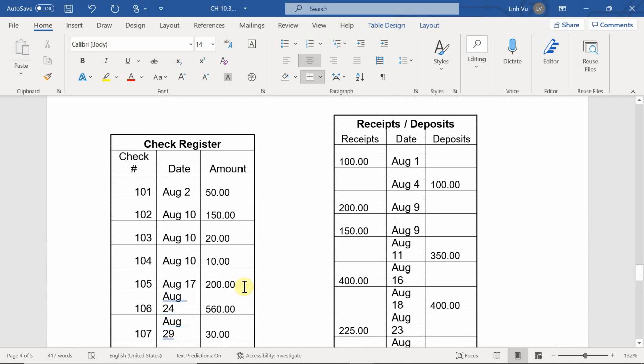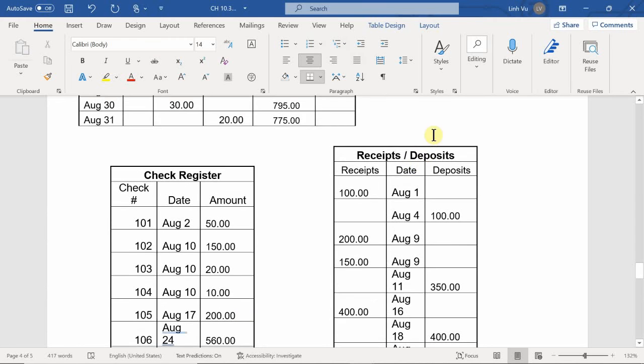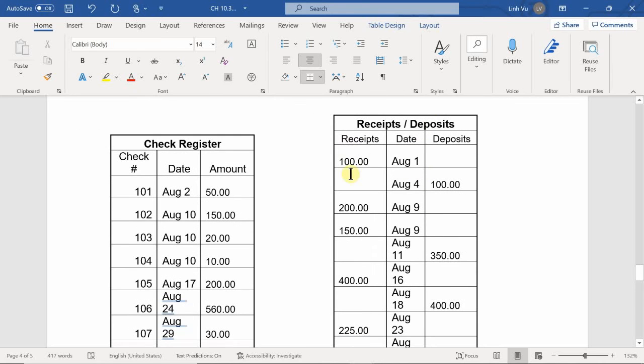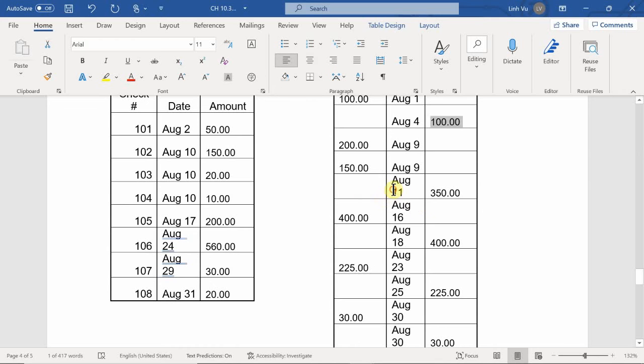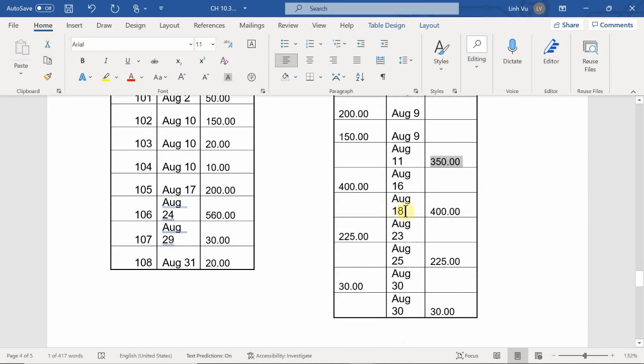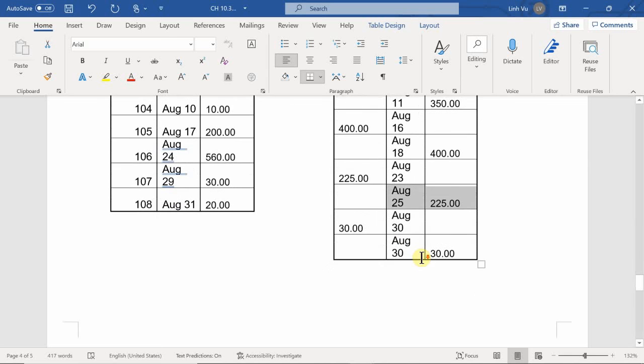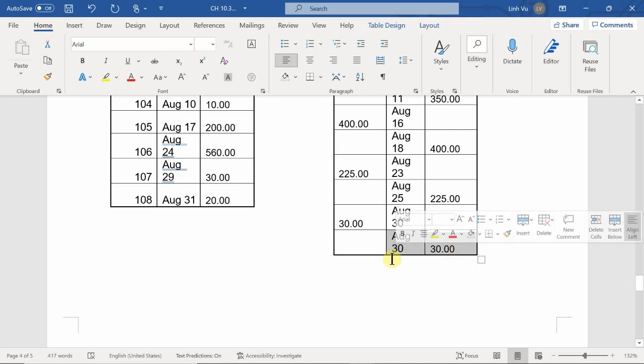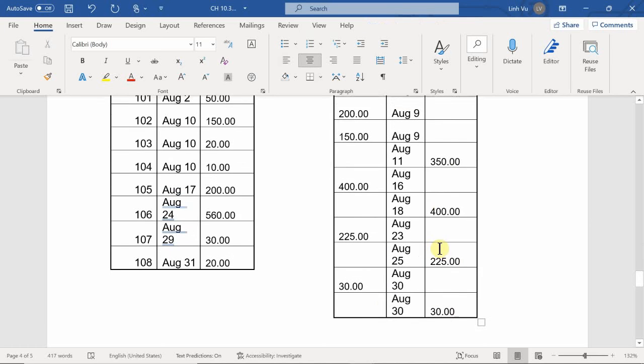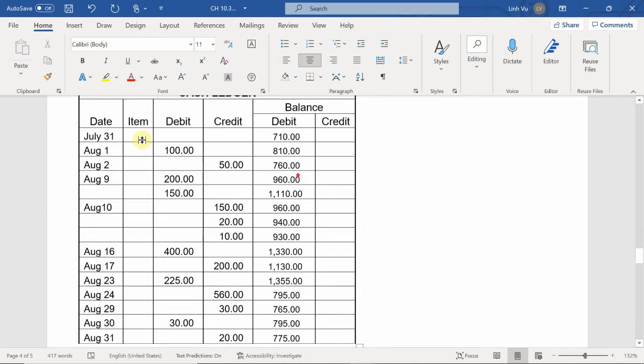We have our deposit slip and register right here. How many total deposits did we make? Here we collected our money. On August 4th, we deposited $100. On August 11th, we deposited $350. August 18th, we deposited $400. August 25th, we deposited $225. And then August 30th, we deposited $30. Okay, so 1, 2, 3, 4, 5 total deposits.